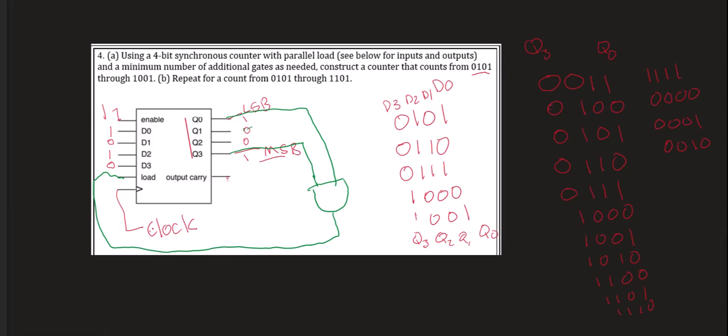Okay, then it says to repeat for a count from 0101 through 1101. So I'm going to erase what I have here.